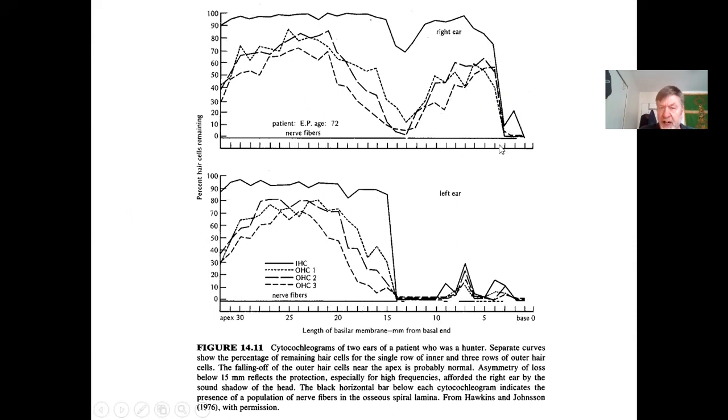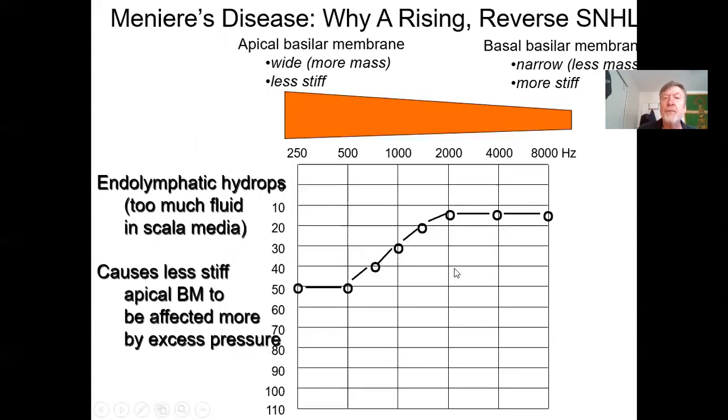Okay, so this is the high frequency region, low frequency region. Okay, the person was 72 years old. Nonetheless, you could see that most of the hair cell damage on the bottom right here occurred near the base of the cochlea, the fat end of the cochlea, where the high frequency hair cells are.